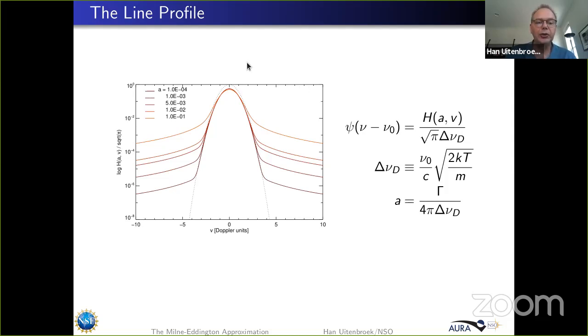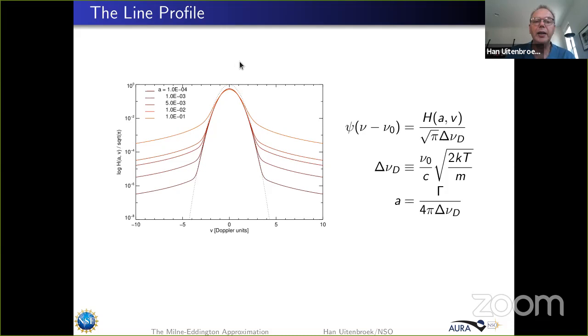And with the uncertainty principle, this means that the energy of the upper level is also not exactly specified, and therefore the wavelength is not exactly specified. So if I have an ensemble of atoms, then the line will be broadened.